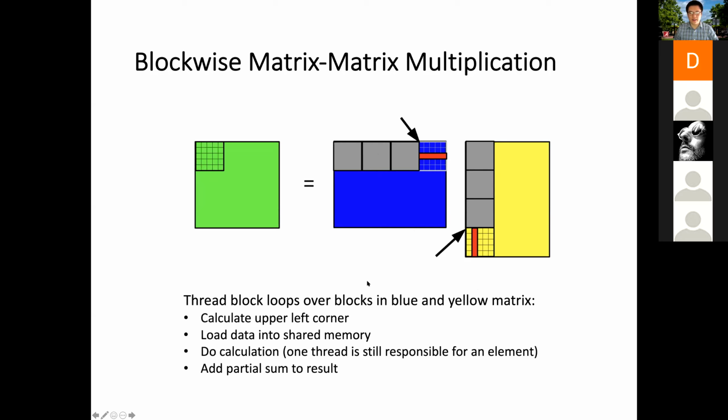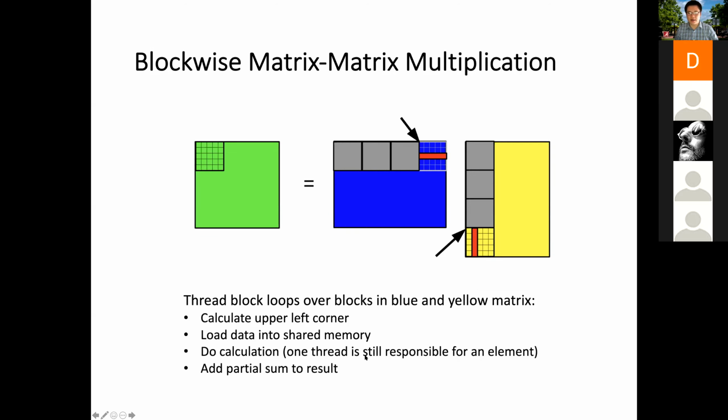You calculate from the upper left corner to the lower right corner, so you have the order. You load the data to the shared memory, and in the shared memory, you do the calculation.